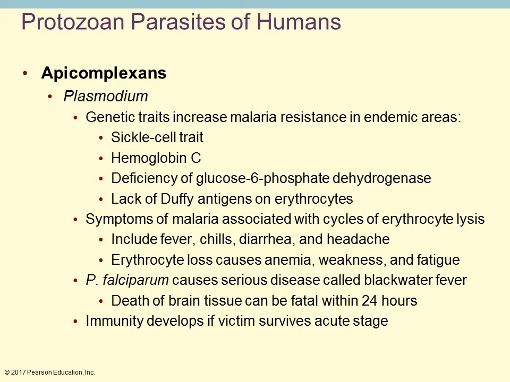So you could pass that to your offspring. Do you have sickle cell anemia? No, you don't. But the interesting thing is that by having that gene, it gives you resistance to malaria.